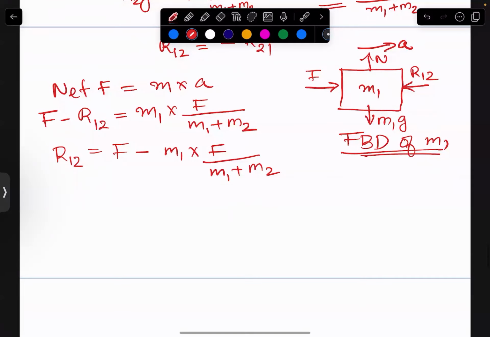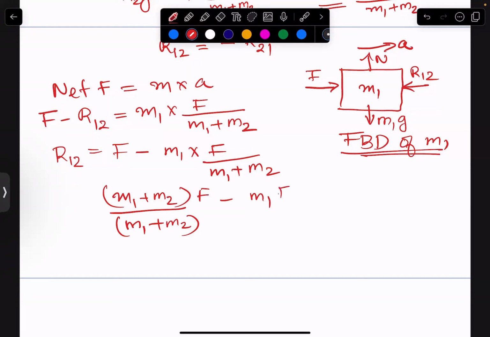Now this F has a coefficient of 1, right? So you have to multiply by M1 plus M2 and divide by M1 plus M2 for F, and here it will be M1 times F by M1 plus M2.